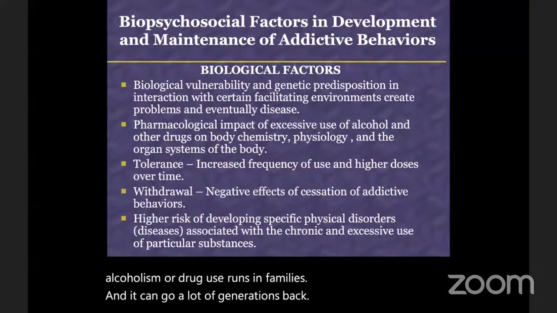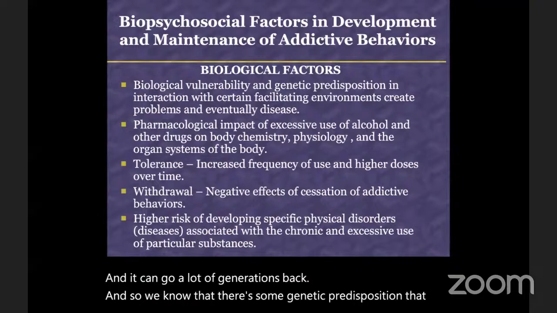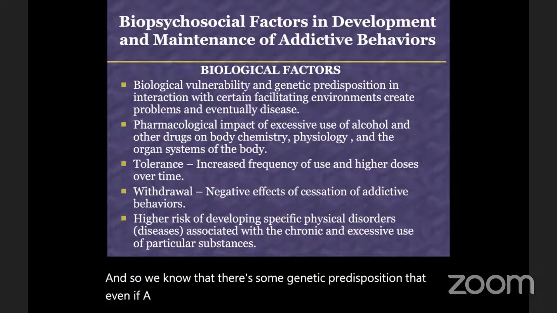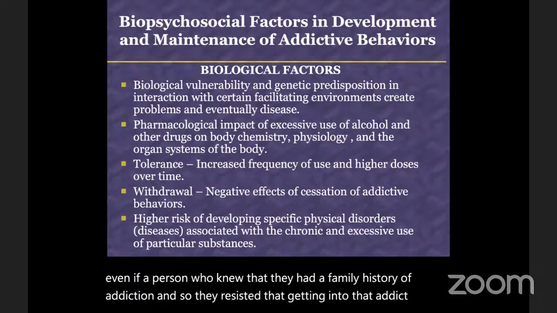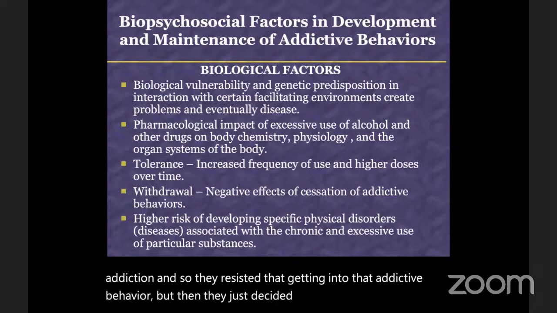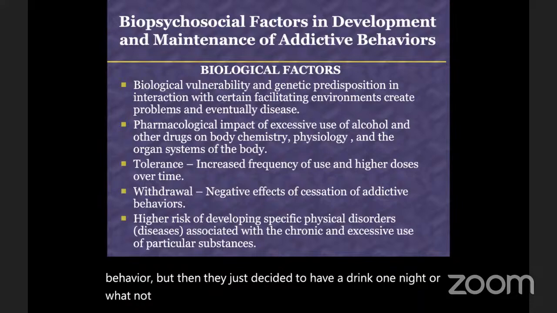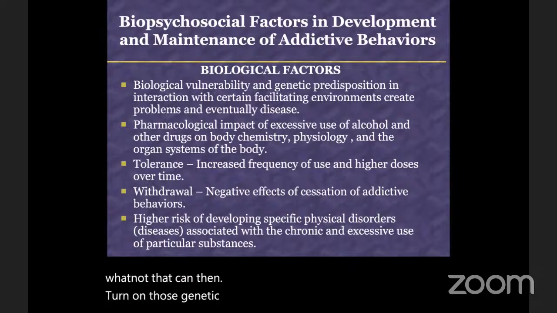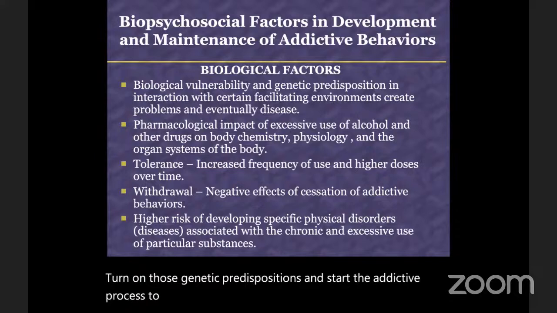So even if a person knew that they had a family history of addiction and resisted getting into that addictive behavior, but then just decided to have a drink one night or whatnot, that can turn on those genetic predispositions and start the addictive process in the individual. So we've got to keep those things in mind.